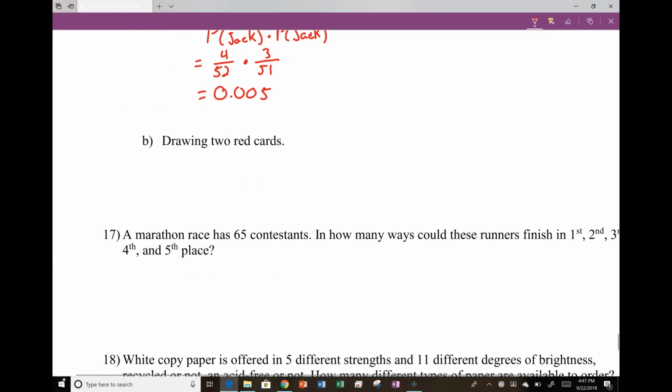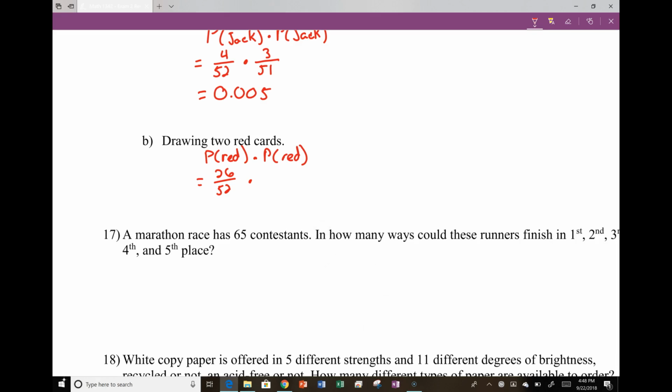Now let's look at the probability of drawing 2 red cards. This is the probability of getting a red and the probability of getting a second red. There are 26 red cards in a deck of cards. Well, I did not replace the first card that I drew, and I'm going to assume that it is a red card.